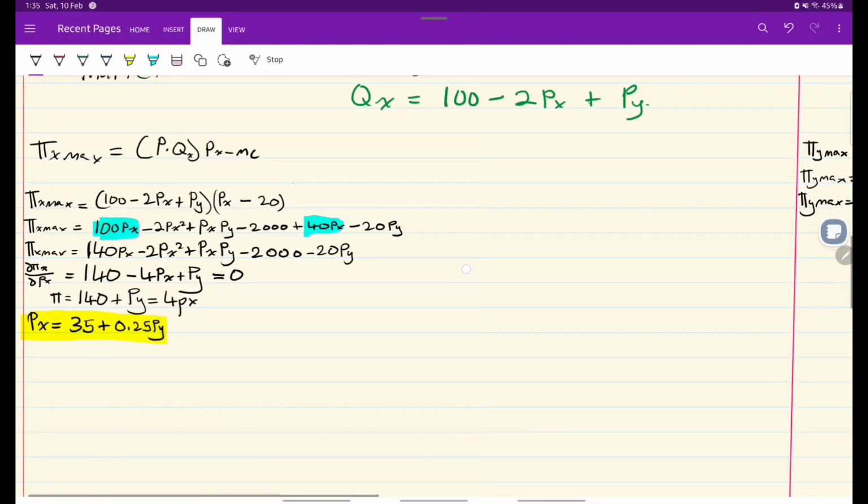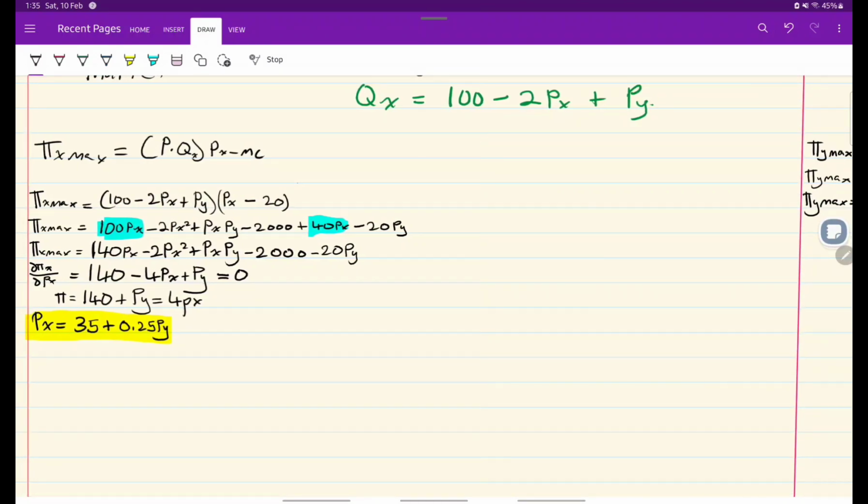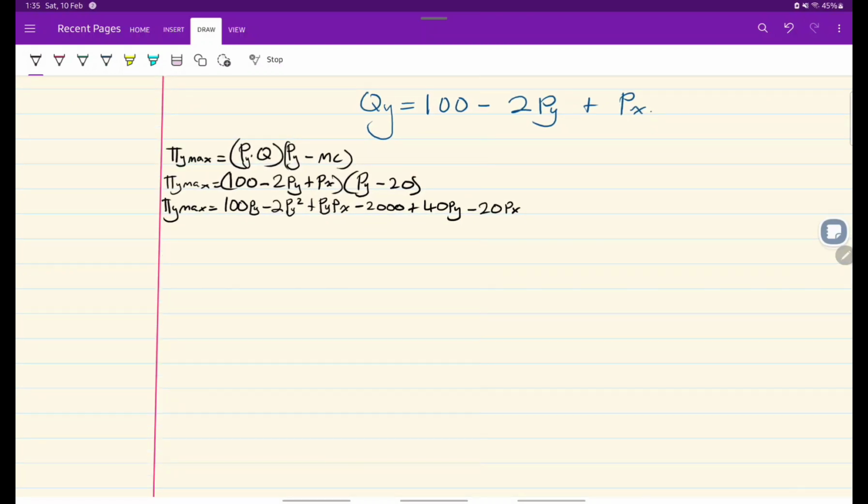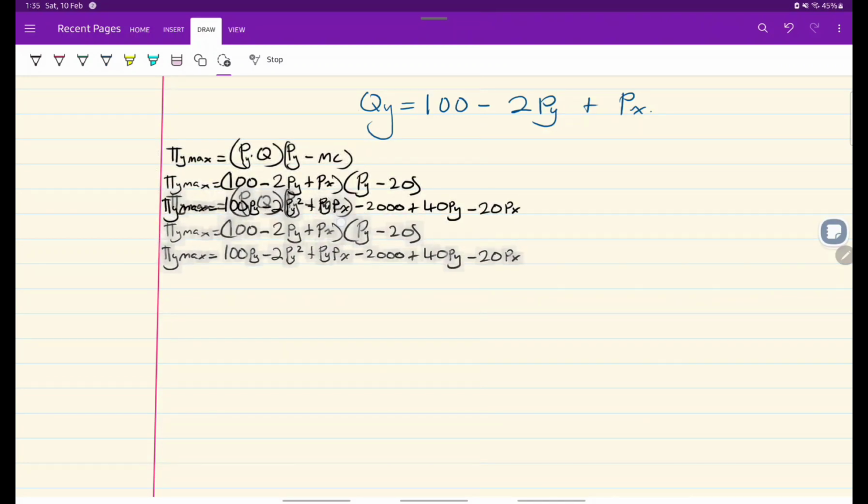I was going to try and do a cool side by side little thing there.